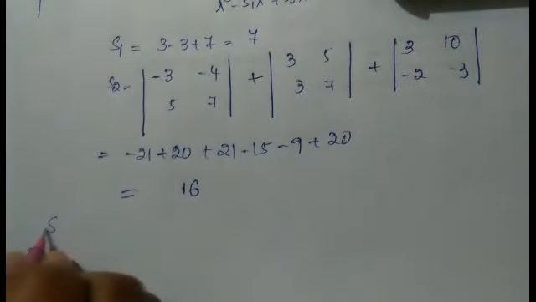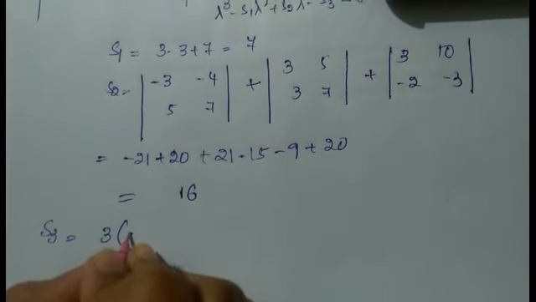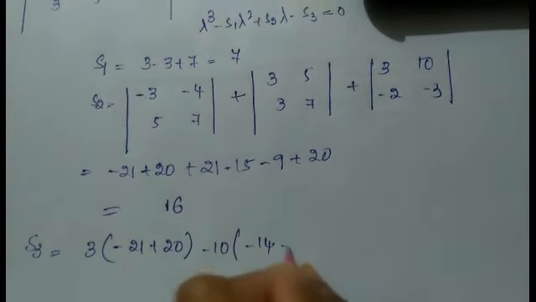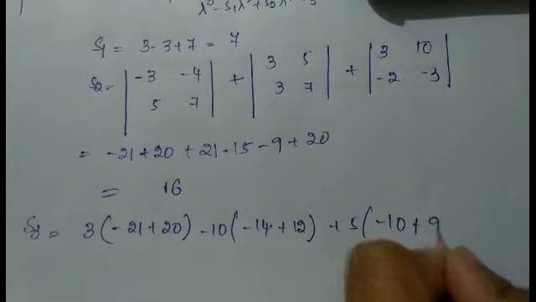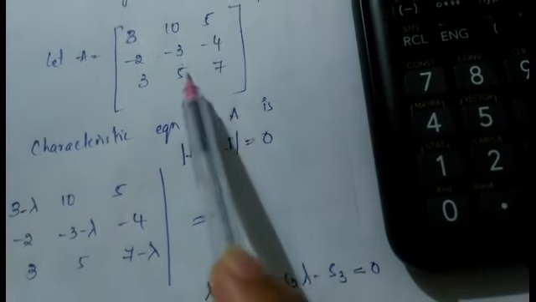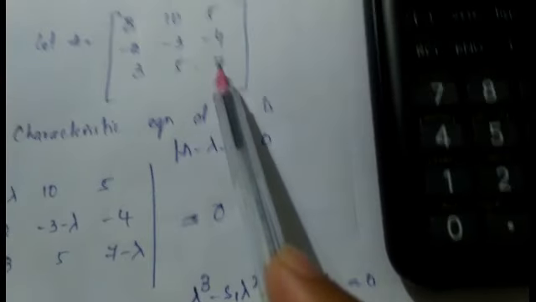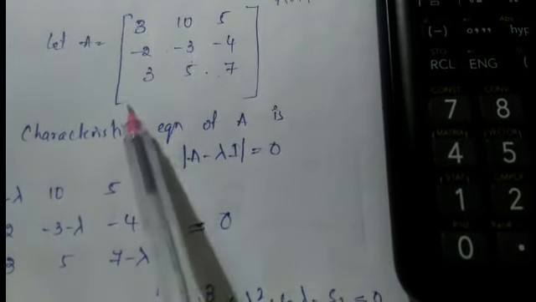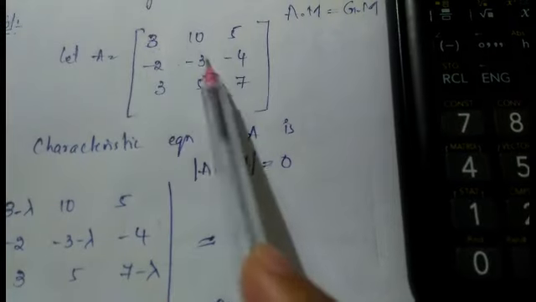And S3 is the determinant of the matrix A. So 3 into the minor, minus 21 plus 20, and minus 10 into minus 14 plus 12, plus 5 into minus 10 plus 9.